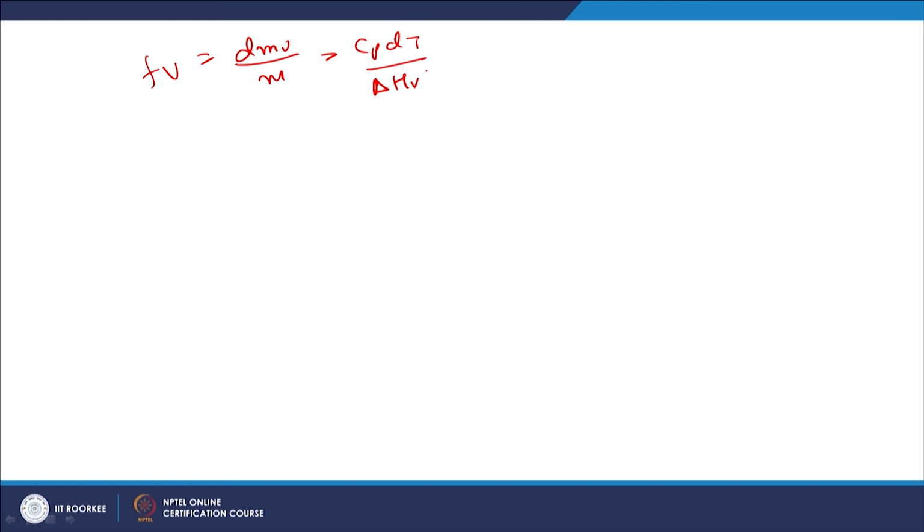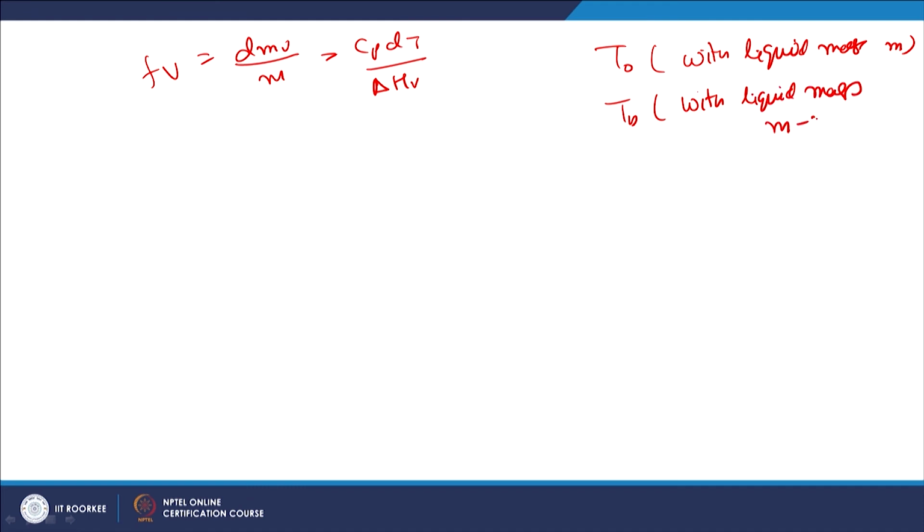Now, if we integrate between the initial temperature T naught with the liquid mass m and the final boiling point Tb with liquid mass m minus mv, then the integration of dmv upon m is equal to the integral from T naught to Tb of Cp dT upon delta HV.